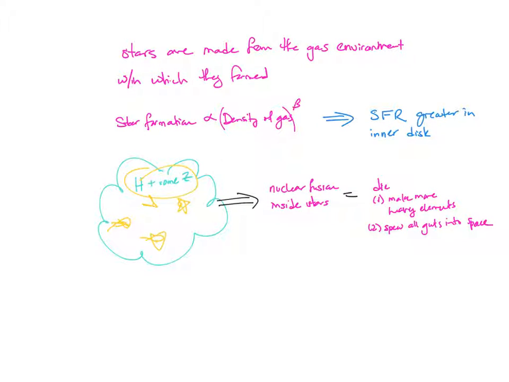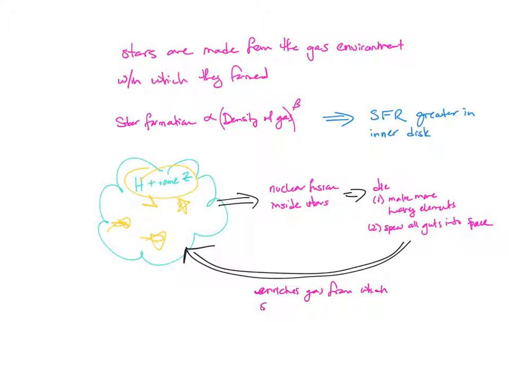And to give you a sense of the scale, what that does then is it enriches. It goes like this. And then that comes back around like this. Enriches the gas from which stars form.